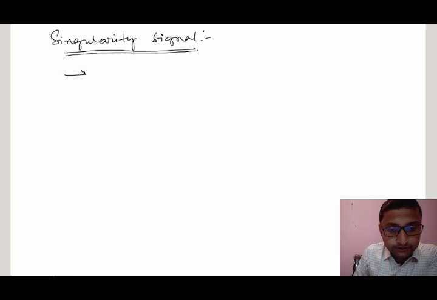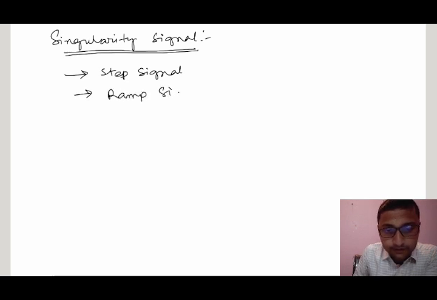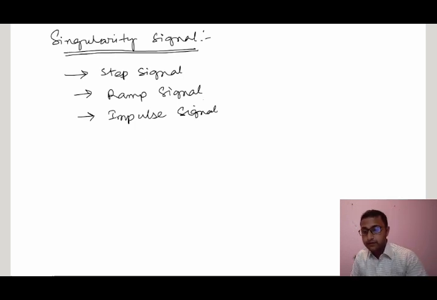These three signals are together called singularity signals. The first one is the step signal, the second one is the ramp signal, and the third one is the impulse signal. So at first, what is the step signal?